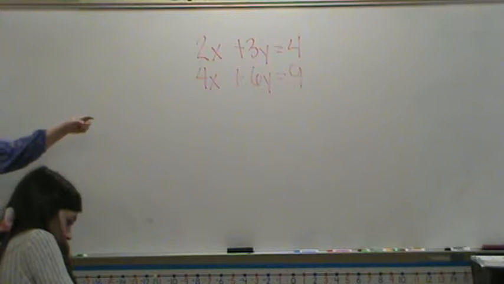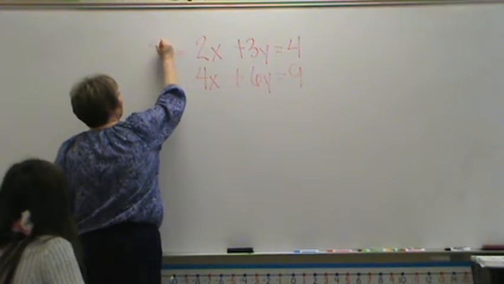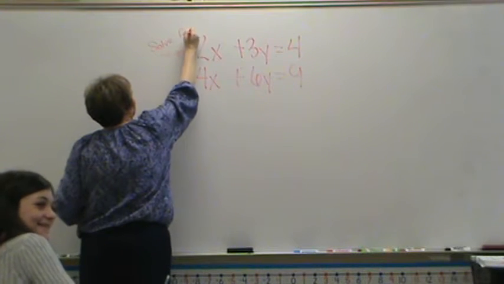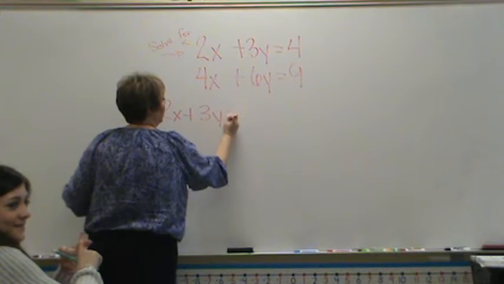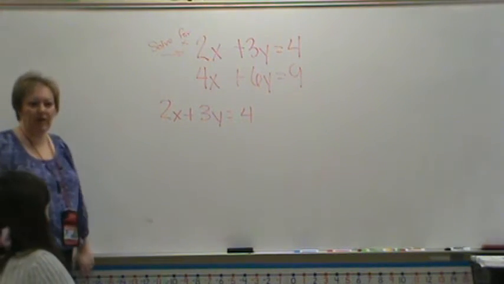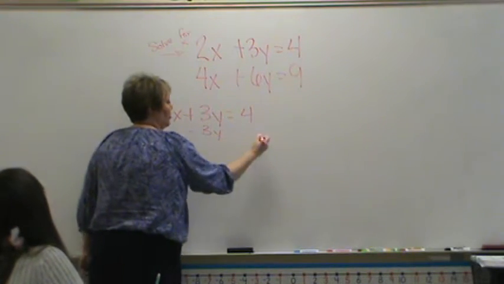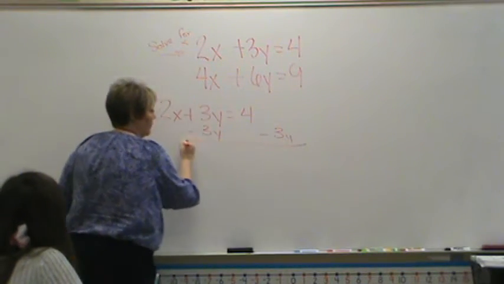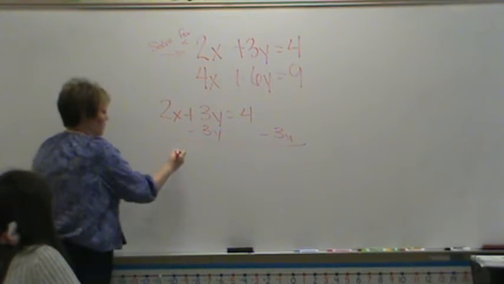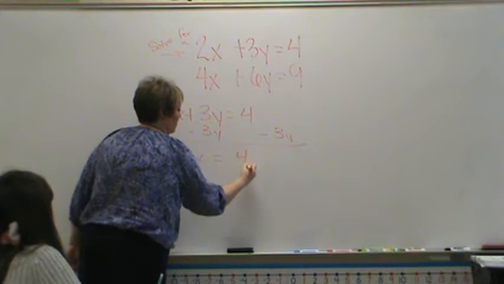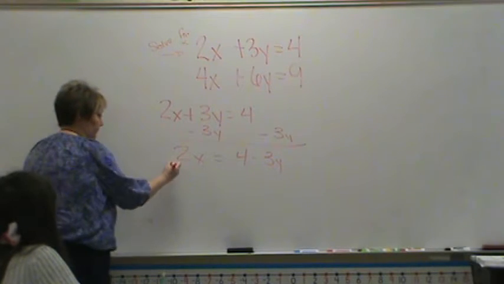X. The top one. Okay, so we got 2x plus 3y equals 4. Tell me how to solve it for x. Subtract 3y. What do I have after I subtract 3y? 2x equals 4 minus 3y. Okay, then what? You divide by 2.